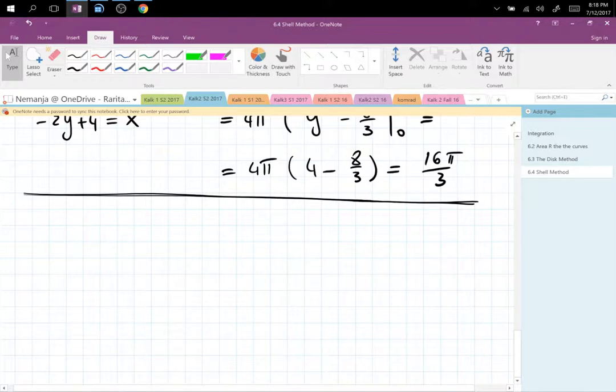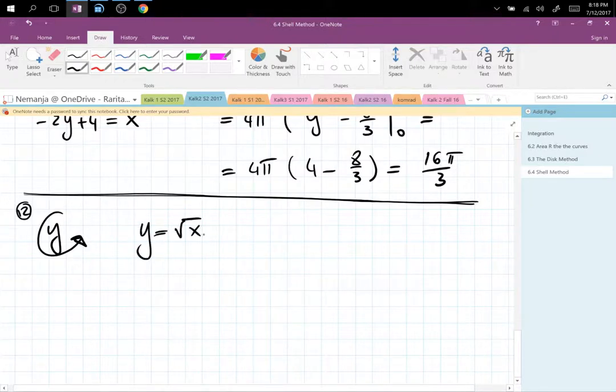So rotate around y-axis. This is how I say y rotation, right? Y and then rotation. Problem number 12 says y equals square root of x, y equals 0 and x equals 1.